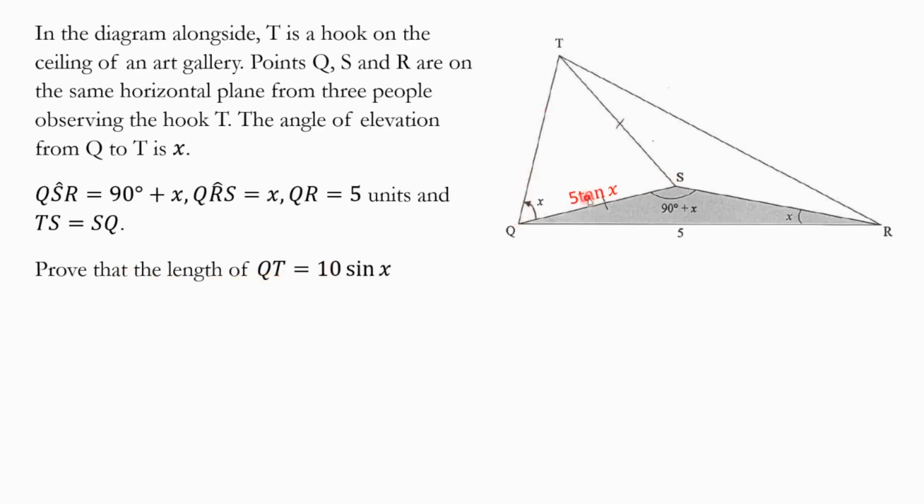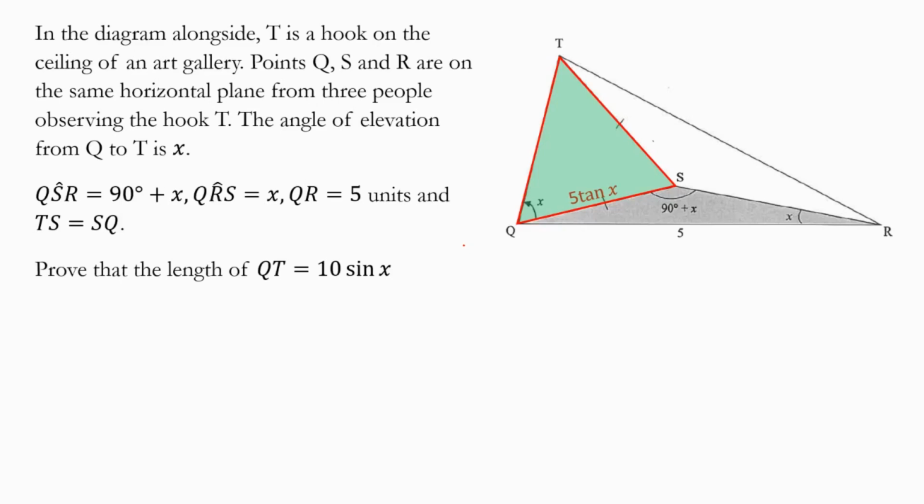Right, and remember that from the previous question, we managed to get that QS is 5 tan X. What are we going to do? Let's look at triangle QTS. So we want to find QT. Before we go to the cosine rule, can we use the sine rule to find QT?